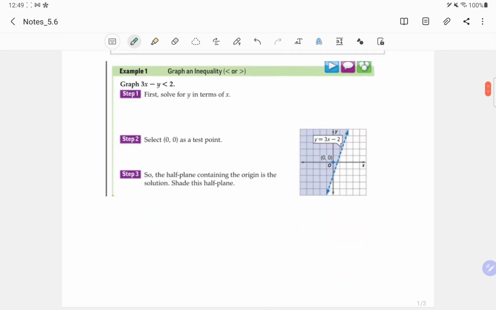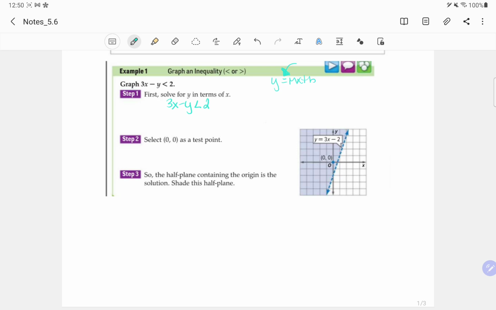Okay? So if we look here at example 1, it wants us to graph. Before we can graph, we need to make sure we have everything written in this y equals mx plus b form. No, we're not going to have an equal sign. We're going to have an inequality sign, but they act the same in terms of solving this, okay? So we have right now 3x minus y is less than 2.